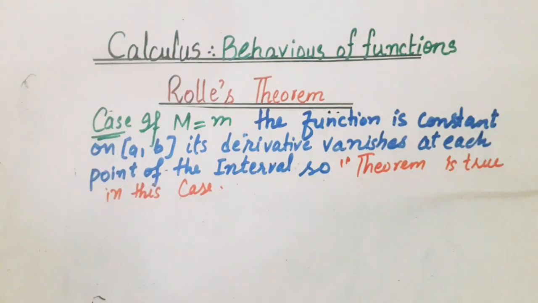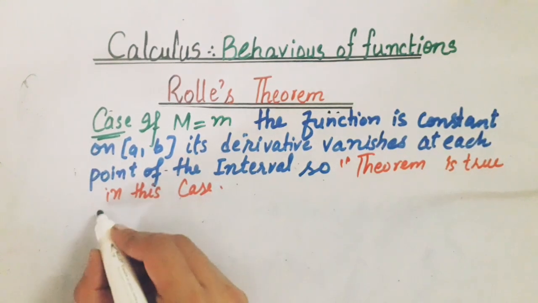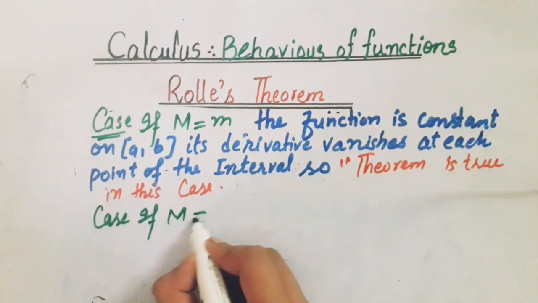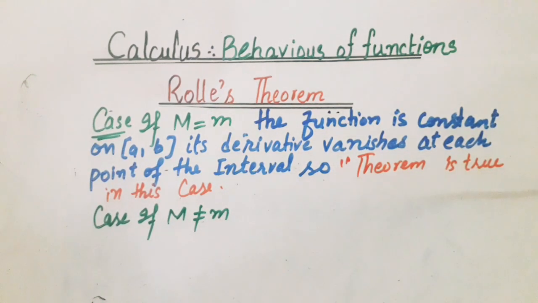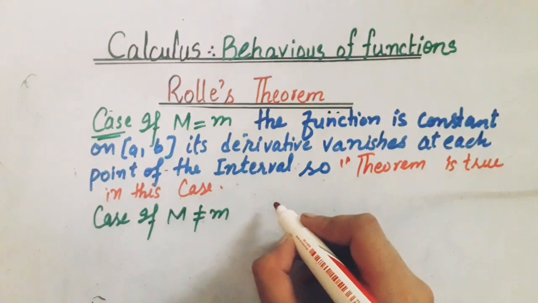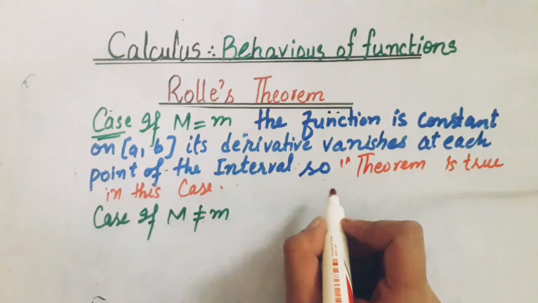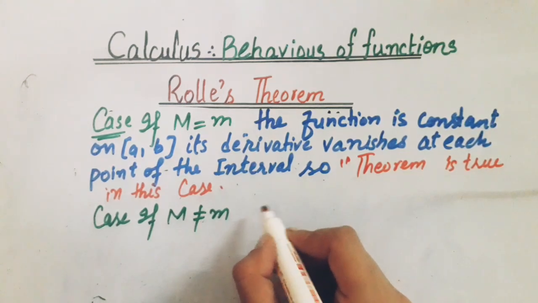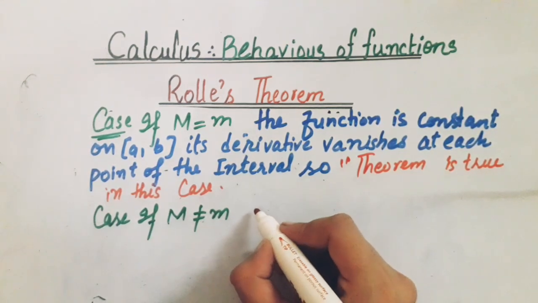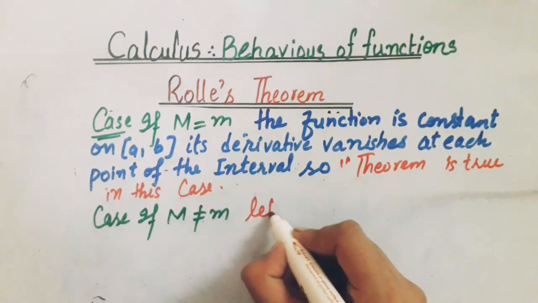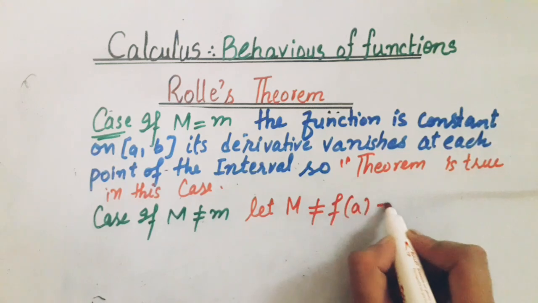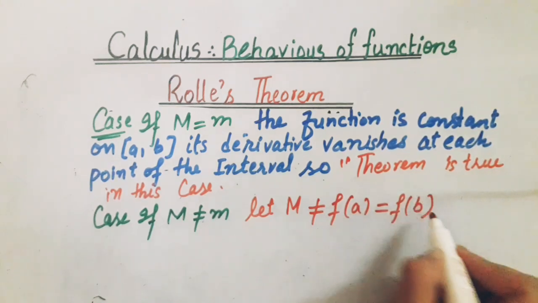Now we will discuss the second case. If capital M is not equal to small m, meaning supremum and infimum are not equal, then at least one of them is different from the equal values of f of a and f of b. Then we will say let capital M is not equal to f of a, that is equal to f of b.